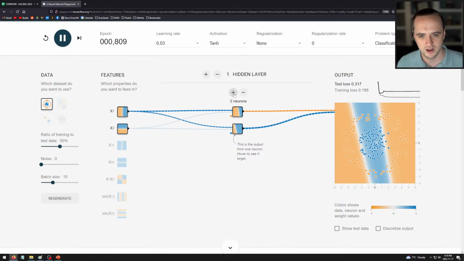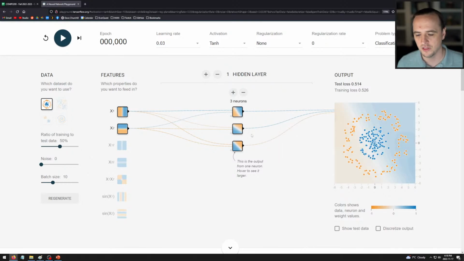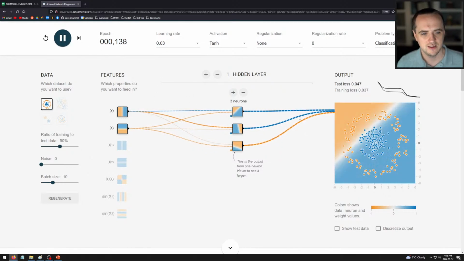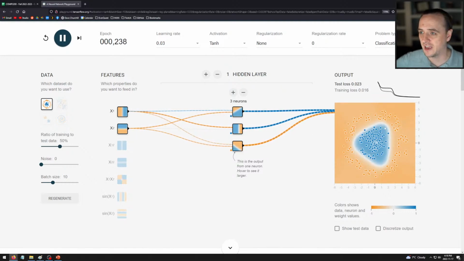So let's put a 3rd line in there and see what happens. And you can see that yes, we actually do get this triangular structure that we predicted, which is able to successfully encapsulate the blue points and separate them from the orange points.